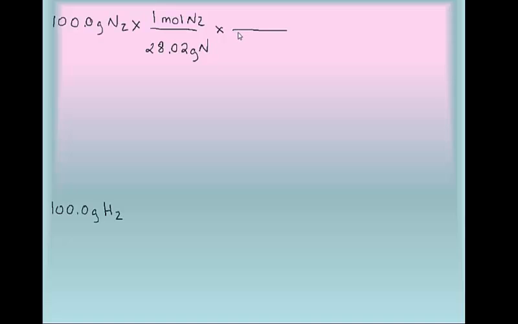So here's my molar mass ratio. Here's the stoichiometry ratio according to the balanced chemical equation. 2 moles of ammonia gas can be produced for every 1 mole of nitrogen. And then, since most questions ask you for the mass of the product, I'm going to go ahead and do the molar mass of the product, which is ammonia gas.